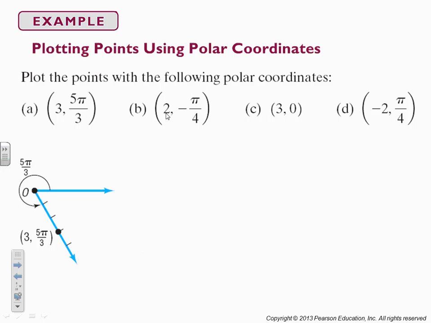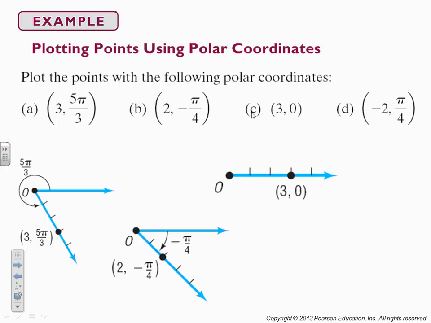This next one, we're going to go negative pi over 4. So we're going to start at our polar axis, go back pi over 4, and then we're going to be 2 units out along that angle.